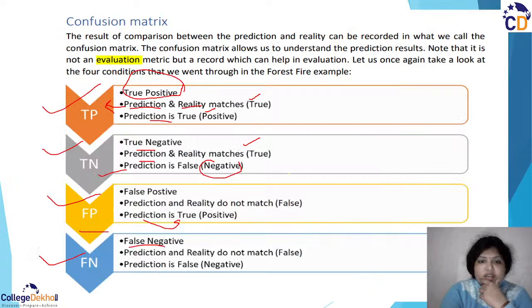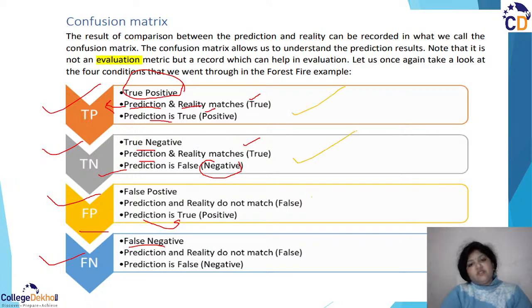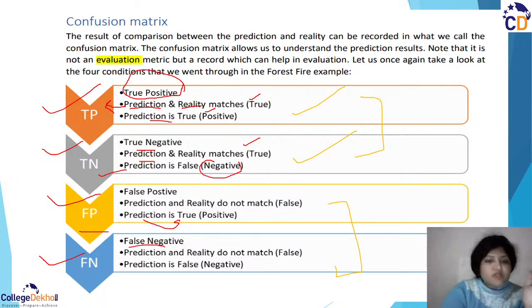Basically these are converted into errors only later on. So where are we getting the error? When the result is matching with the prediction, there is no error in the program. But when we have the false part, then the story of errors comes into the picture. When your prediction is not matching with reality, in both the cases our prediction is not matching with the reality.